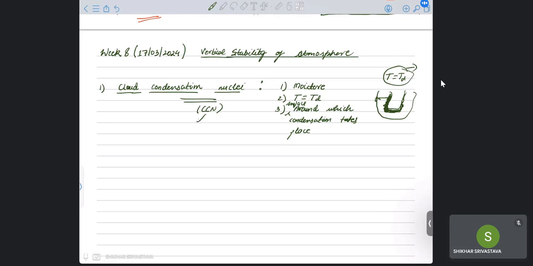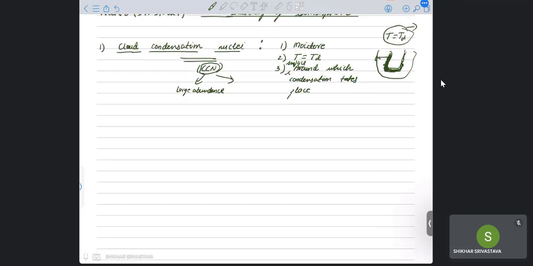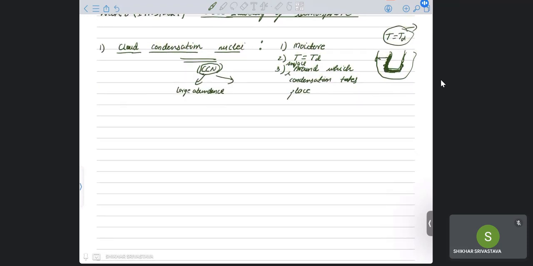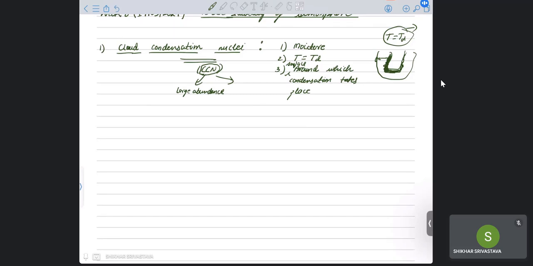In some places they are present in large abundance, in some places they are not that abundant, and your cloud formation depends on the presence of these nuclei. The details, like the different kinds of CCN, I will do in the next class. The takeaway is that in order to form a cloud, you need some surface, and the CCN provide the surface on which the condensation takes place. Is it clear?